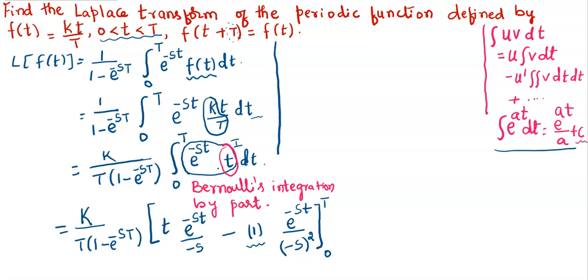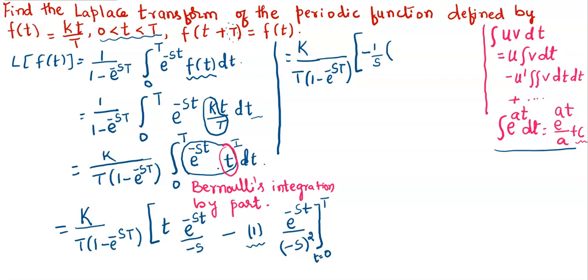So now let me apply the limits. This constant term, let me keep as it is, minus 1 by s, outside the limit. We are applying the limit for t, that is small t.